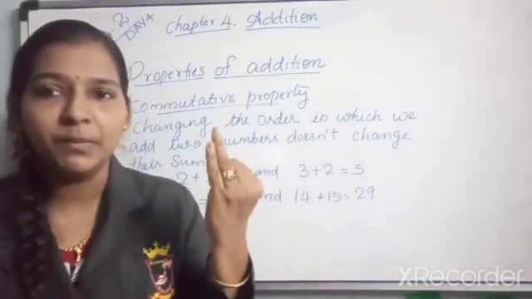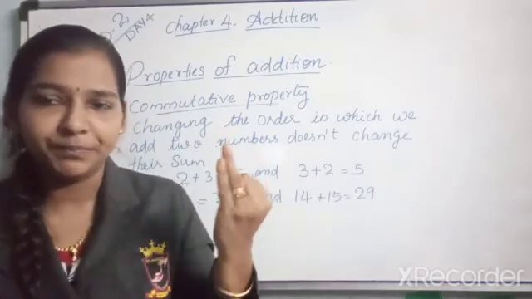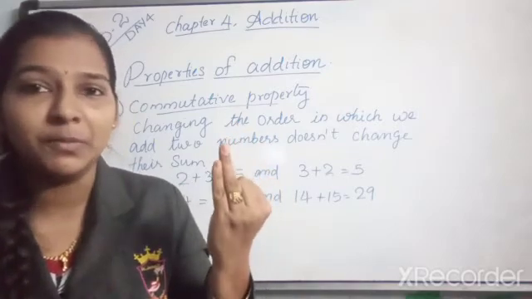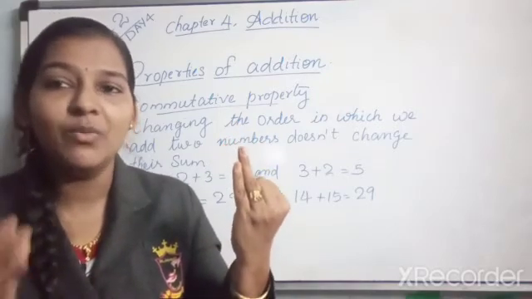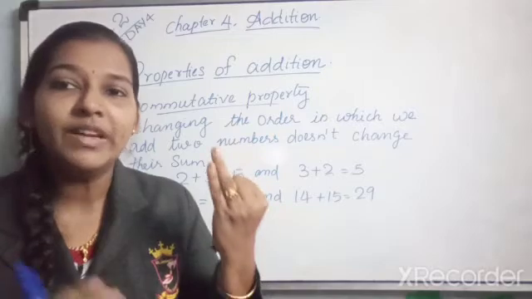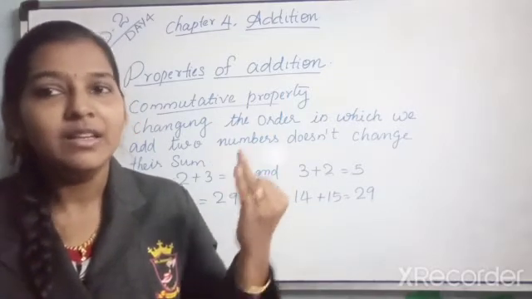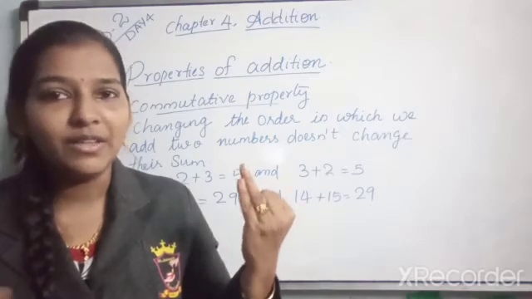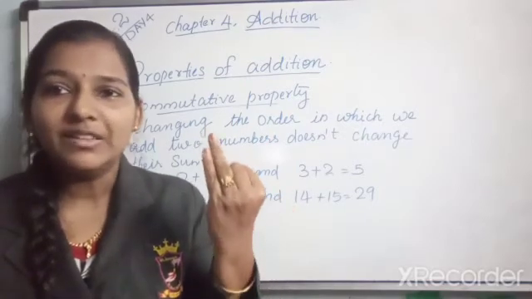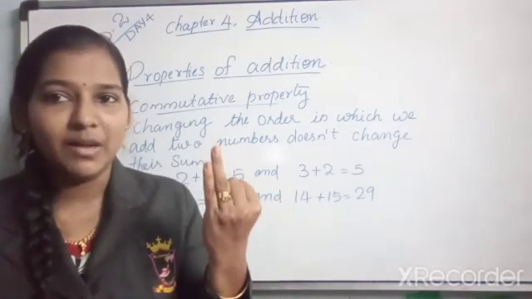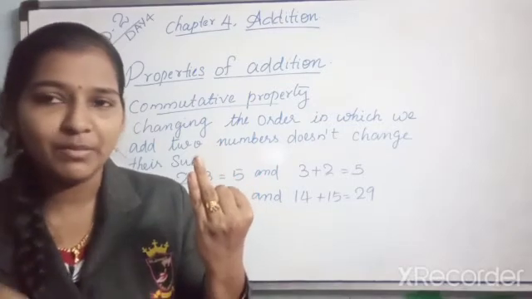Now the second property, after number property. In after number property we learn if we are adding 1 with a number, we will get the after number of it. For example, 3 plus 1 is 4. 4 is the after number of 3 also.